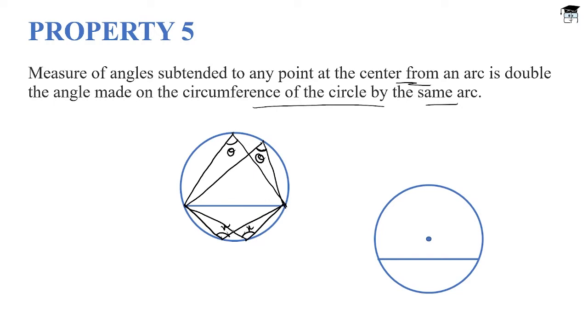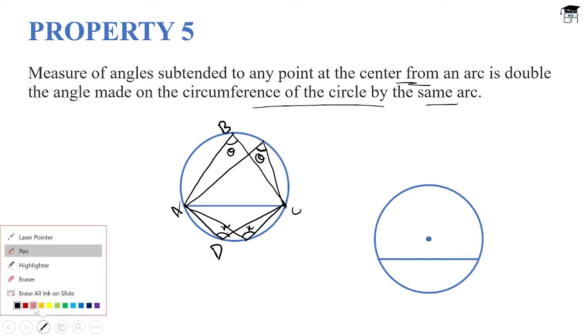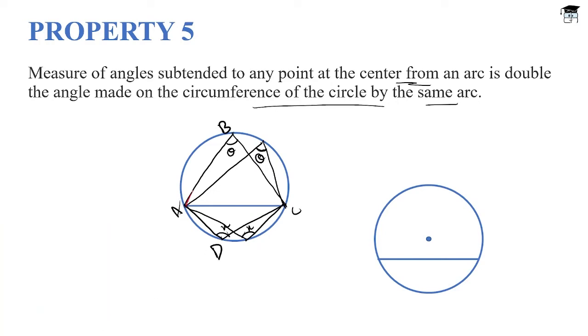And if we talk about the cyclic quadrilateral, let's say A, B, C, D, this becomes a cyclic quadrilateral. And in a cyclic quadrilateral, the opposite angles are supplementary. That means x plus theta is equal to 180 degrees. Now, what does this property say?